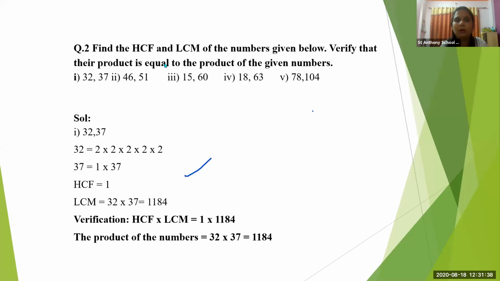Now, find the HCF and LCM of the numbers given below, and verify that their product is equal to the product of the given numbers. Now 32 and 37.